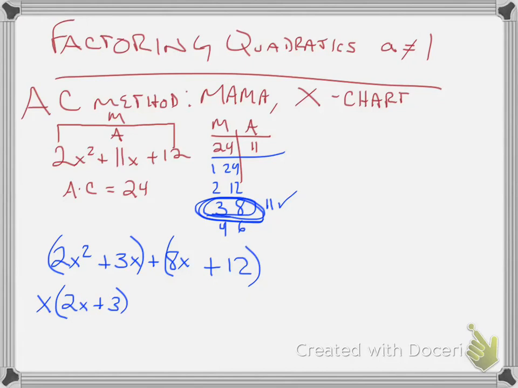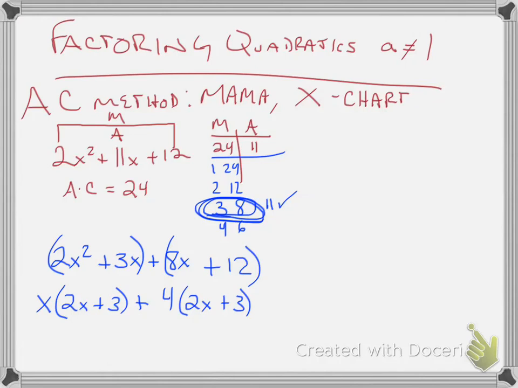Nothing goes into 2 and 3, so I can't factor out any number with the x. The first parentheses, you should be able to factor out at least x. X will always be able to factor out in that first one. The second one, what goes into 8 and 12? Well, 2 does, but you want to look for the greatest, which is going to be 4. And what's left is 2x plus 3.